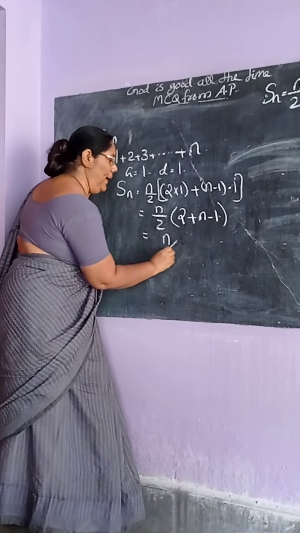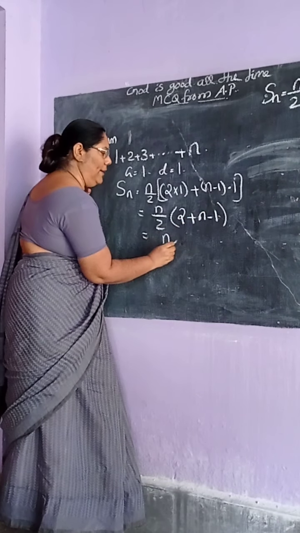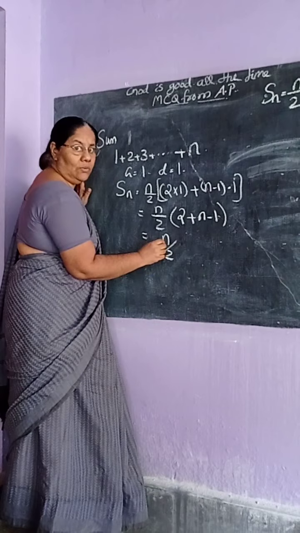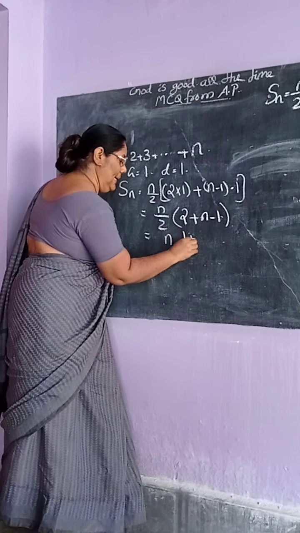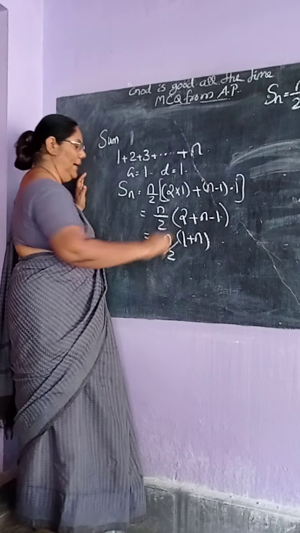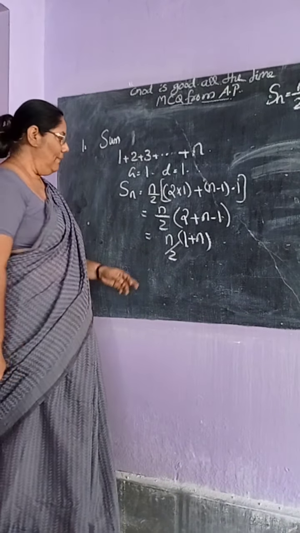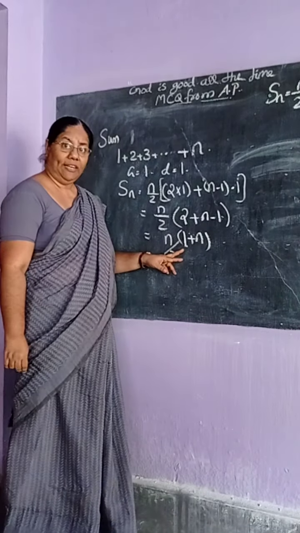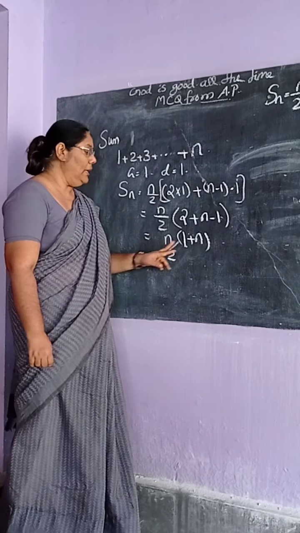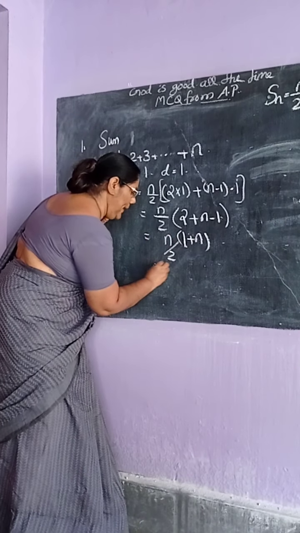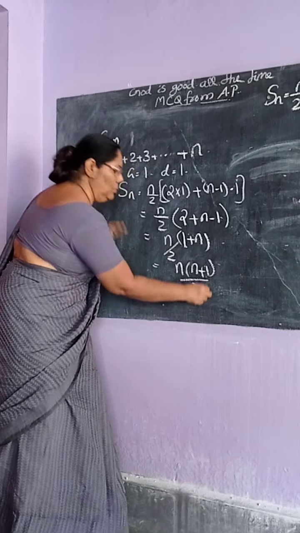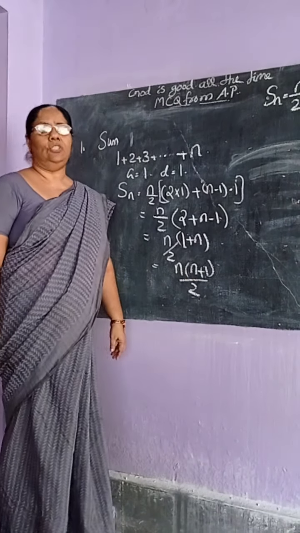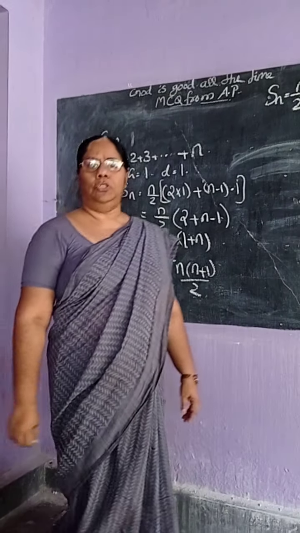That is n by 2 into 2 plus n minus 1. What is the answer? 2 minus 1 is? Yes, 1, plus n by 2. What's the final answer? Sum of n natural numbers is n into n plus 1 by 2.